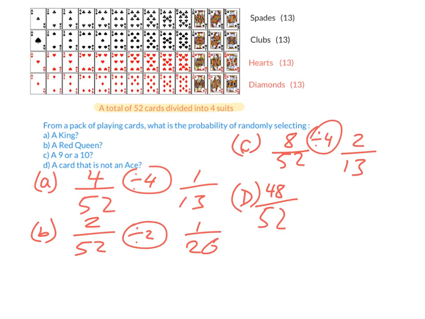And again, we divide by the highest factor, which in this case is again 4. So divided by 4, 48 divided by 4 is 12. And 52 divided by 4 is 13. So the chances of selecting a card that is not an ace is 12 in 13.